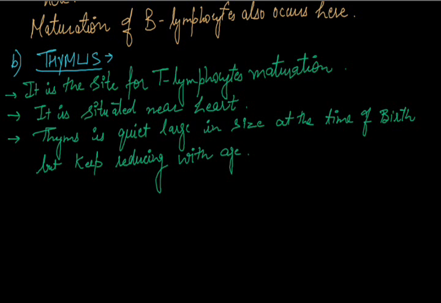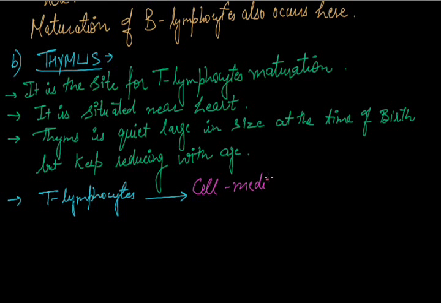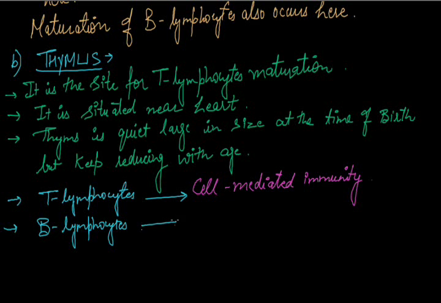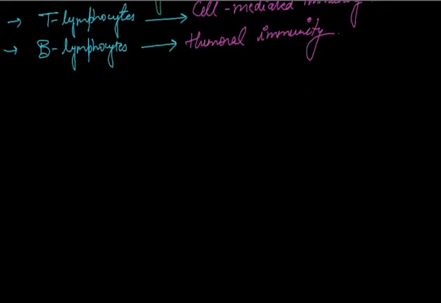As we have discussed earlier, T lymphocytes are responsible for cell-mediated immunity, which is an antibody-independent immune response, while B lymphocytes are responsible for humoral immunity, which is mainly produced by the B cell.